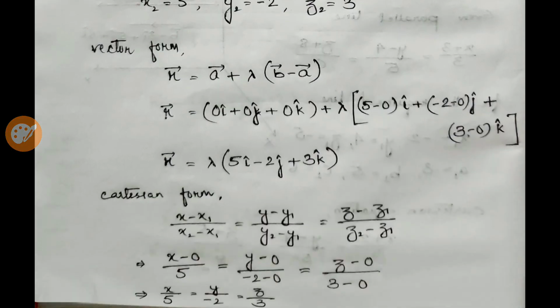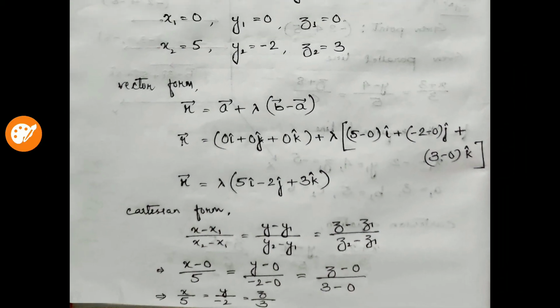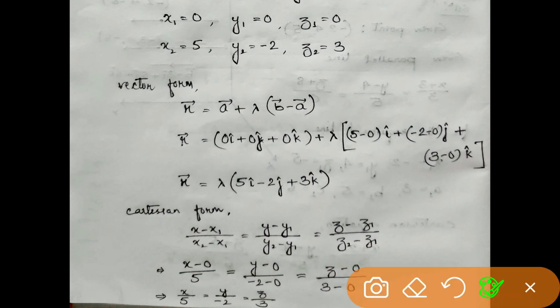Now I need to convert this into Cartesian form. We have already seen that the Cartesian form is written as x minus x1 by x2 minus x1. Here x1 y1 z1 and x2 y2 z2 are directly written, so you can substitute them here and get the answer easily.